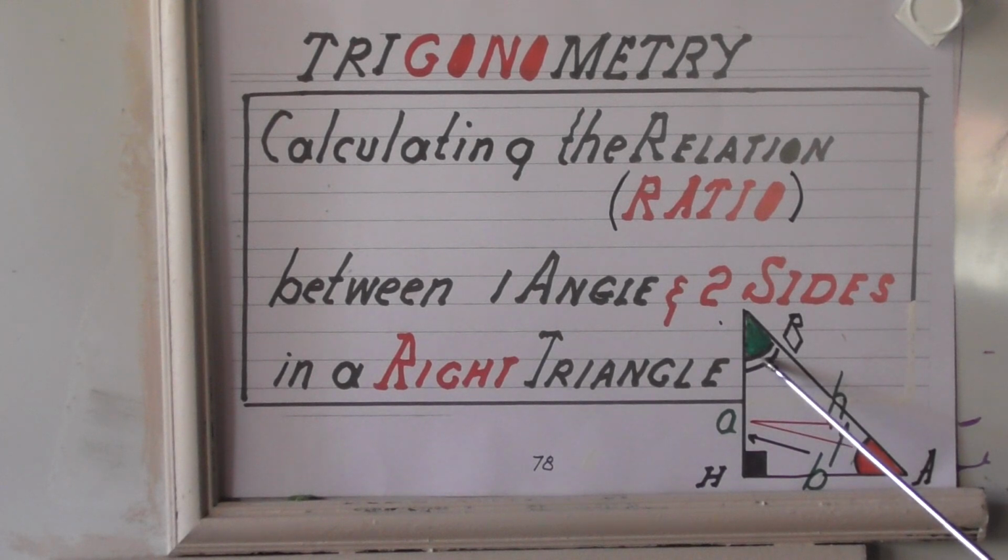One angle and two sides. In a triangle there are only two angles to work with, and three sides. We can't have many combinations, of course.